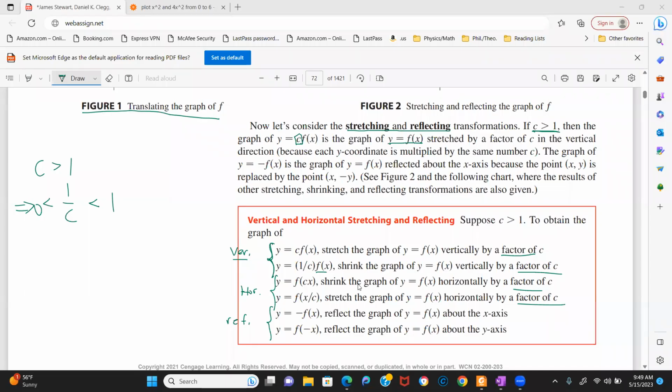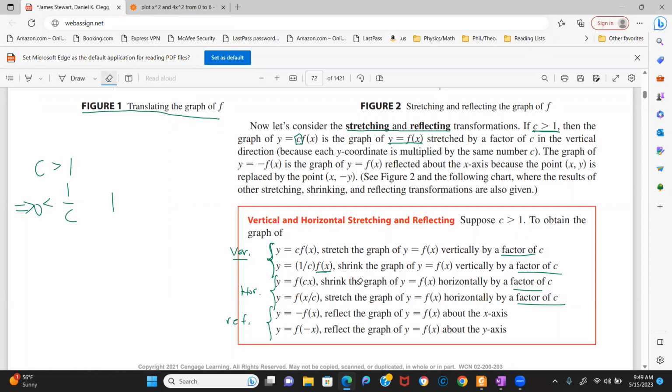So yeah, back to what I was saying. In the second case right here, when you take x, you evaluate at f, and then you multiply by 1 over c, you're uniformly shrinking all of the y coordinates, so it's going to compress things vertically. Now again, the horizontal case is a little trickier to figure out.